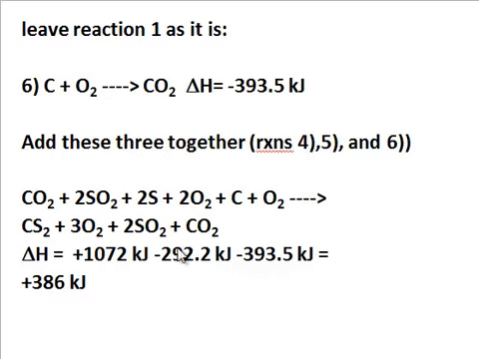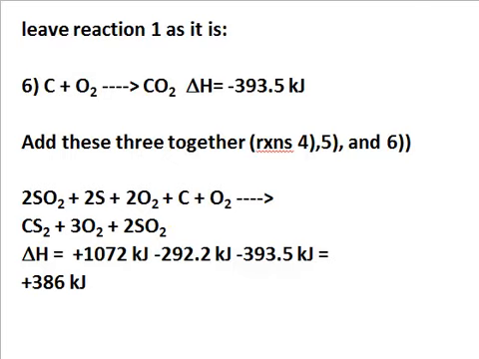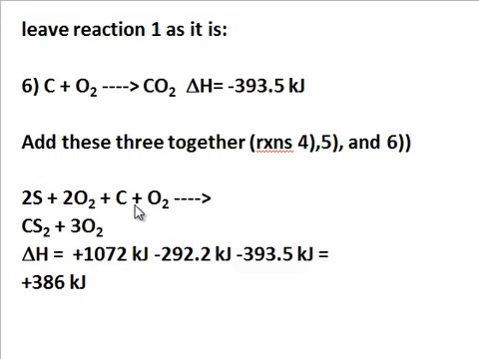Now, if we remove everything that appears on both sides, because it's not involved in the reaction, it's there before and after, and therefore not involved. And that means we can delete CO2. Both sides have 2SO2, and I can remove the 2SO2. Now here we have 2O2 on the left, and another O2 on the left. That's 3O2 on the left.